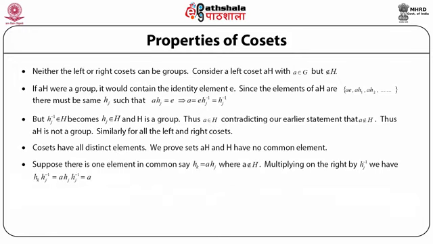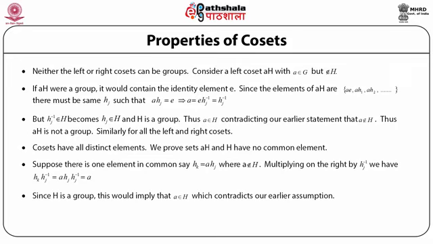Suppose there is one element in common, say Hk, which is equal to A times Hj, where A does not belong to H. Then multiplying this on the right by Hj inverse, we have Hk Hj inverse is equal to A Hj Hj inverse, which is equal to A because Hj Hj inverse is the identity element, and A times the identity element is equal to A. Since H is a group, this would imply that A belongs to the group H, which contradicts our earlier assumption. Therefore, the cosets do not overlap with H.